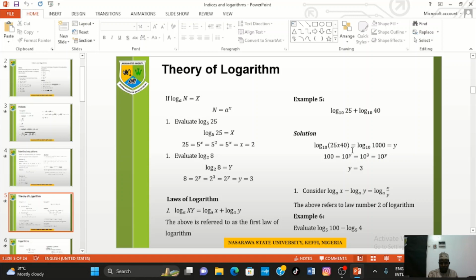Since the base is 10, we try to make 1000 in the form of 10 raised to the power of what? 10 raised to the power of 3 gives 1000, which equals 10 raised to the power of y. As the base is the same, you equate the power, which implies that y equals 3.